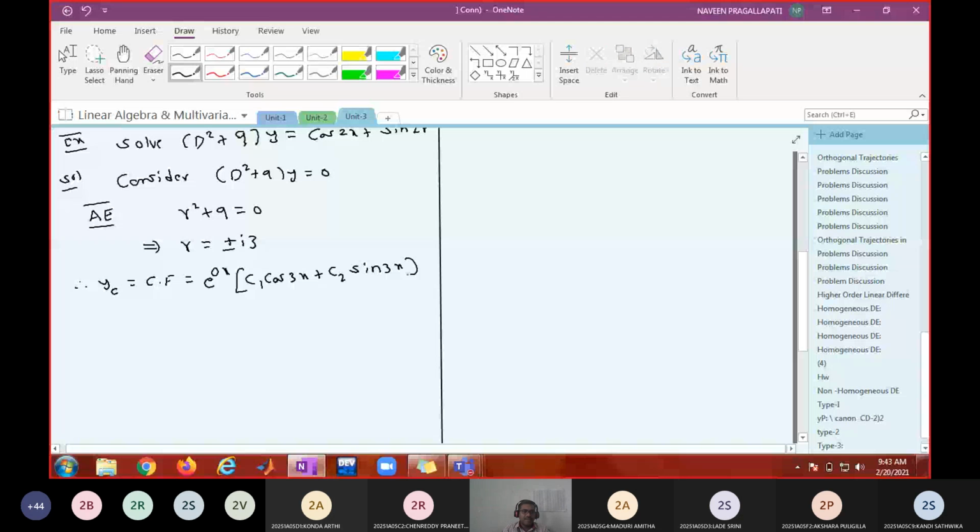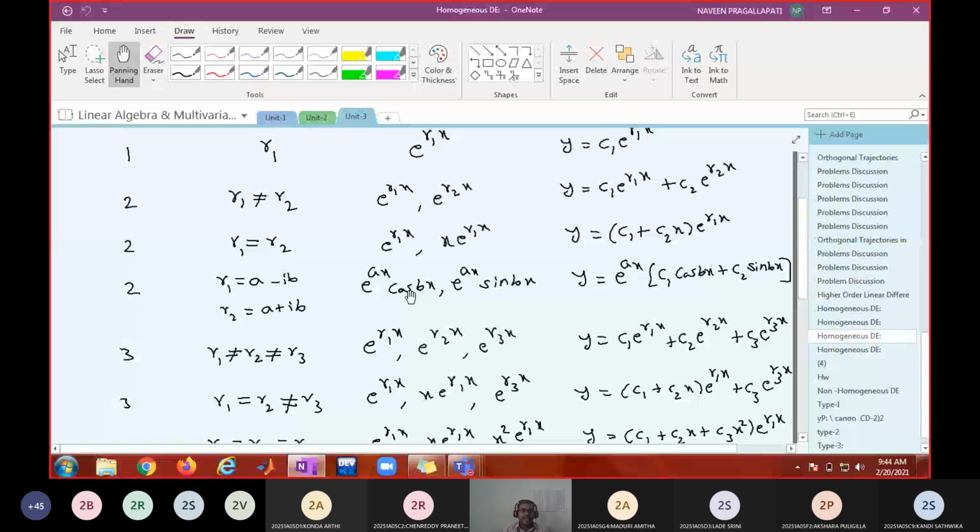That is the complementary function. Therefore, yc is simply c1 cos 3x plus c2 sin 3x. So for roots a plus or minus ib, the general solution is e power ax (c1 cos bx plus c2 sin bx). In our case, a equal to 0, and you are getting plus or minus 3i, so b is 3.